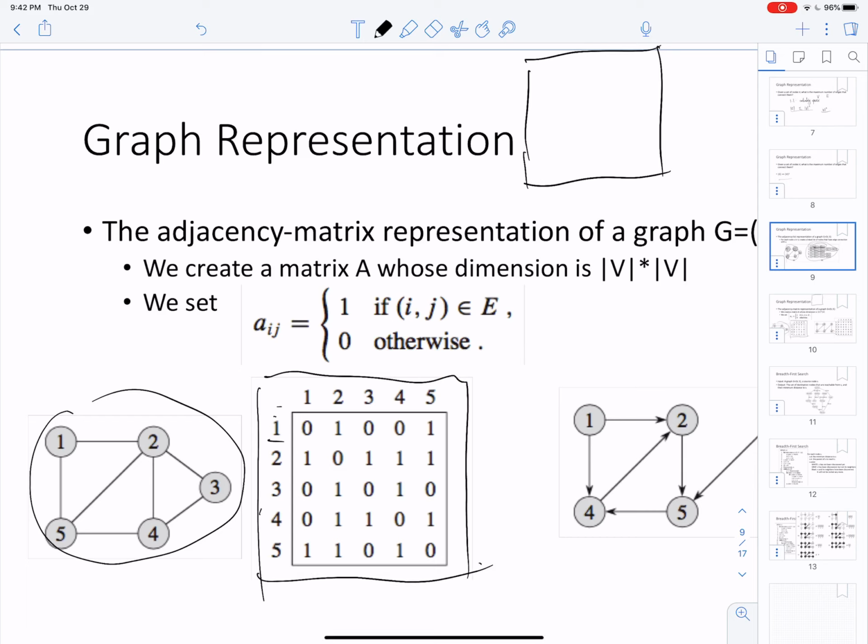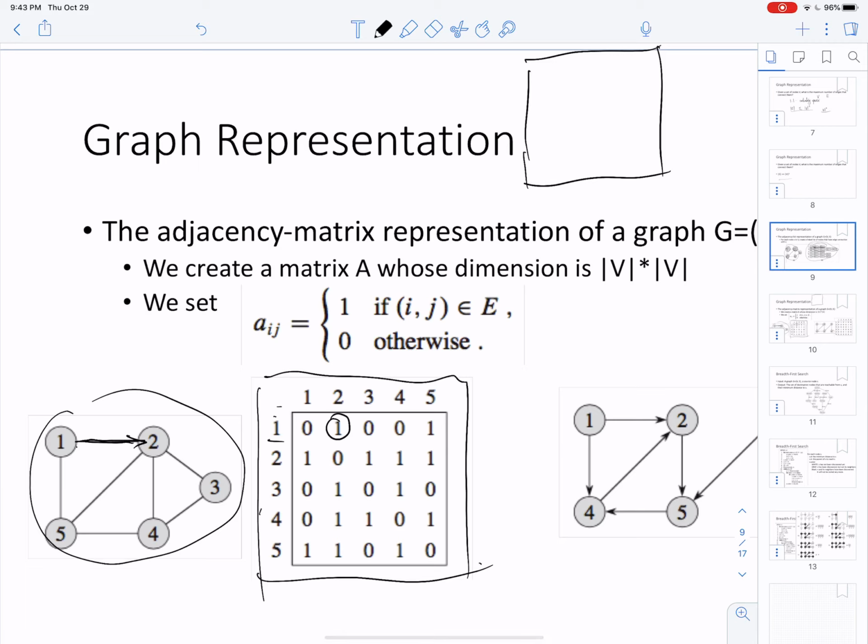Look at here, there is an edge from 1 to 2. Let's put it this way: from node 1 you can reach node 2. So we set the cell with the coordinates 1 and 2 to the value 1, denoting that from node 1 you can go to node 2.